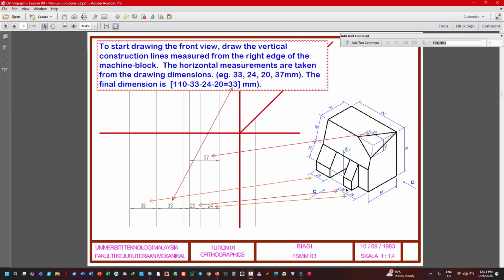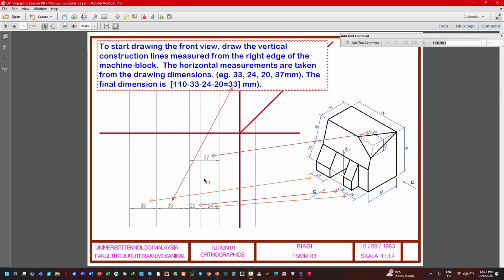Then where do you get 33? 33 is actually 110 minus 33 minus 20 minus 24. So you get from here 33. So this is 33 and then this is 33. And then you have one more. This is 37 at the top.